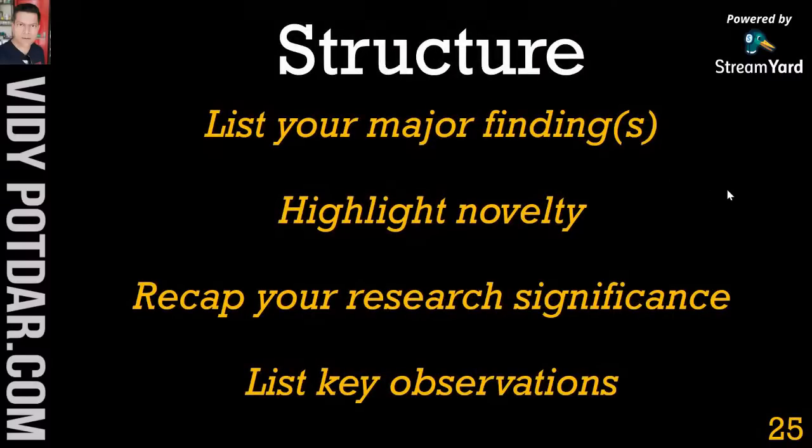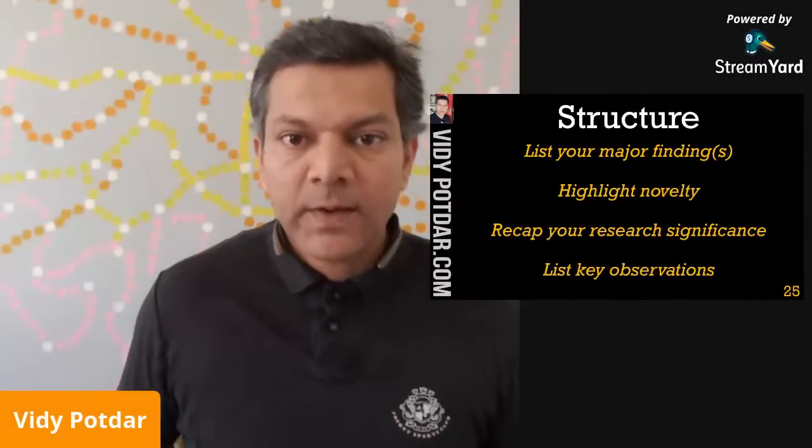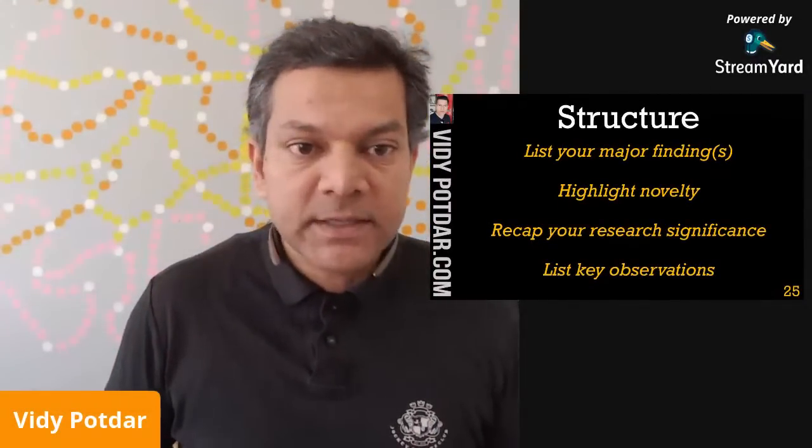So when you think about the structure of your review, you can think about these, say, four questions here again. List your major findings. So remind the reader about your research question, which we saw in a few examples before.